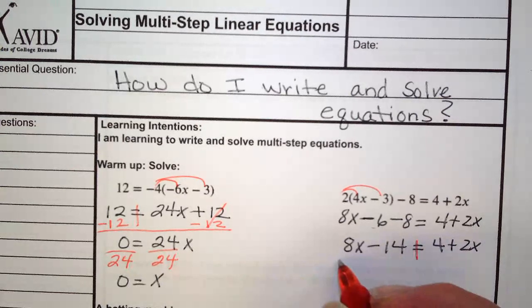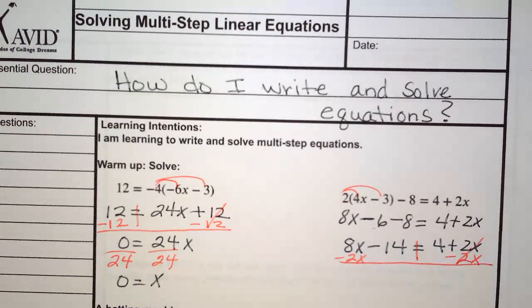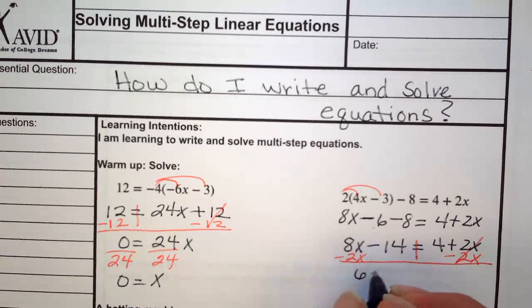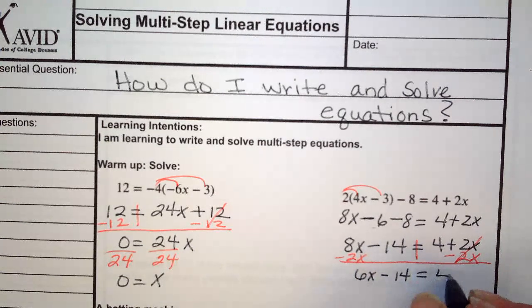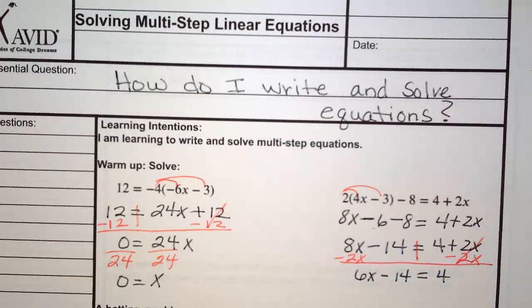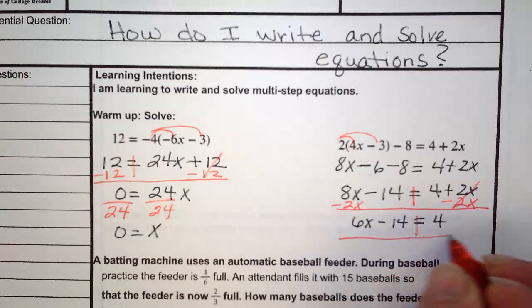Which is smaller, 2x or 8x? 2x. So I subtract 2x from both sides. 6x minus 14 is equal to 4. Add 14 to both sides.